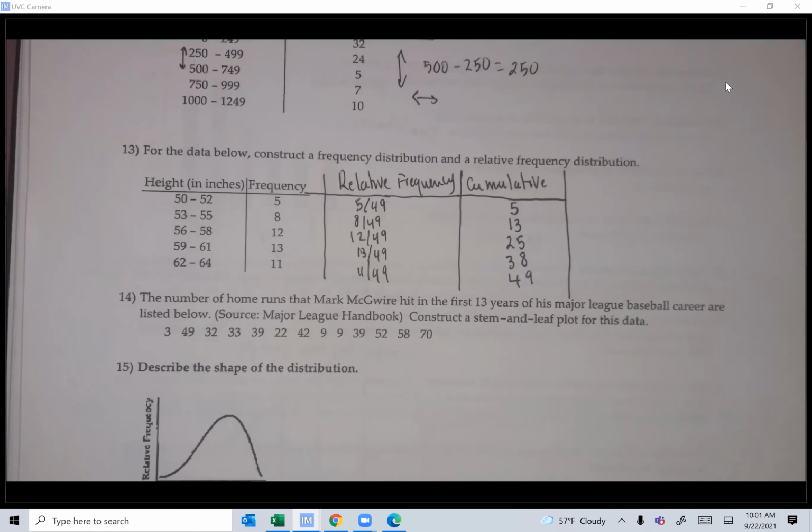Number 14, the number of home runs that Mark McGwire hit in the first 13 years of his Major League Baseball career were listed below. Construct a stem and leaf plot. No problem. Okay, so I have single 2-digit numbers here.